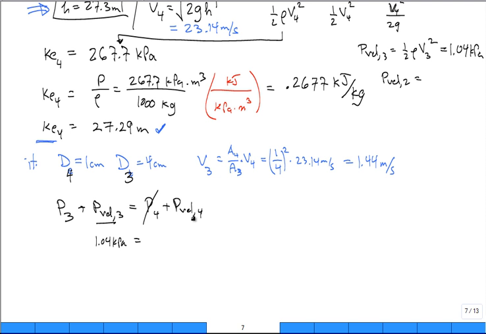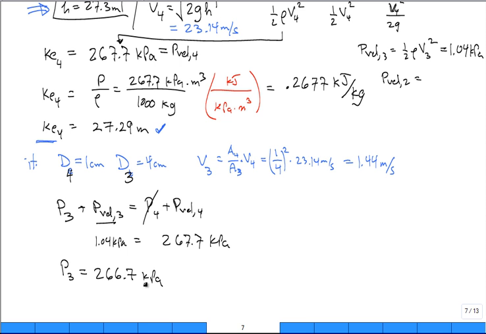All right? It's 267.7 kPa. So the pressure at 3 is equal to 266.7 or thereabouts, kPa, about 1 off.